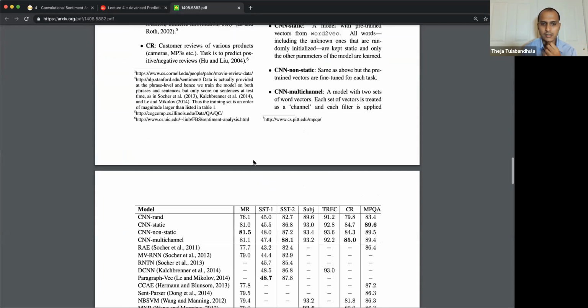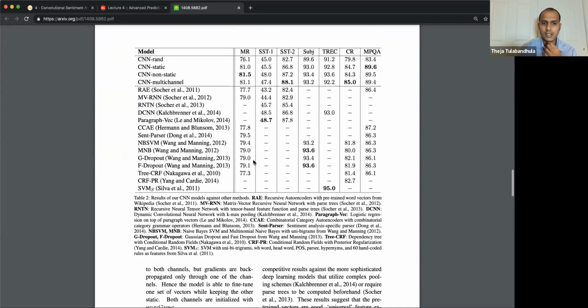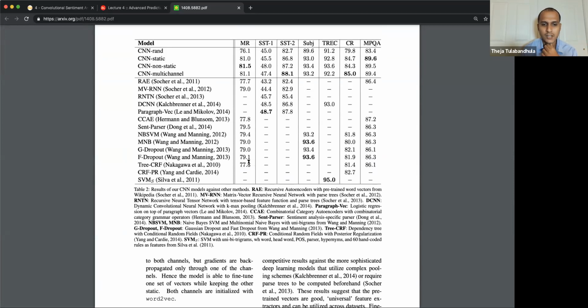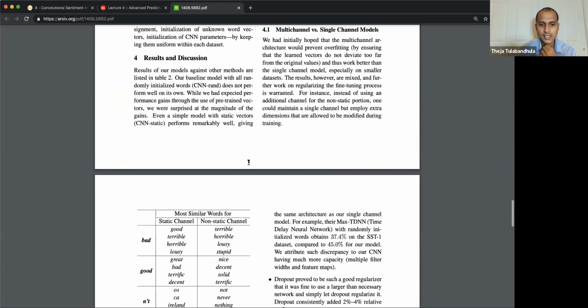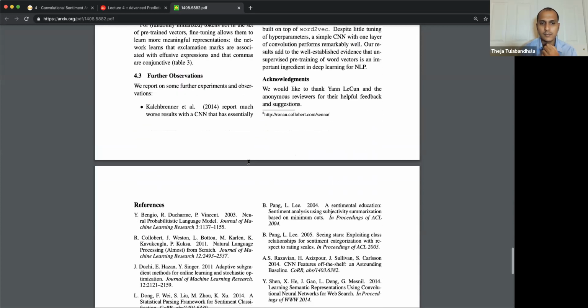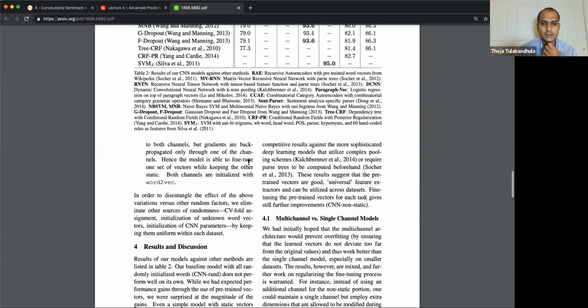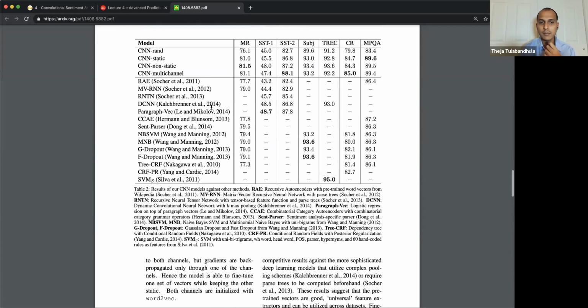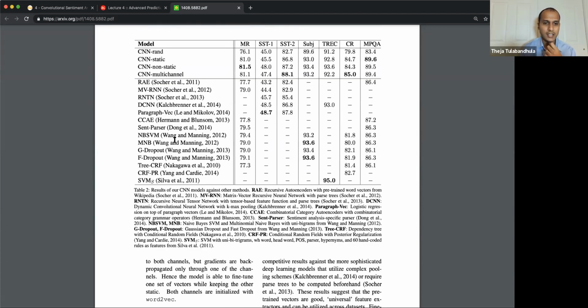Actually, let me just show the performance. This has a lot more details. Maybe it's the other paper which shows how CNN-based techniques compare with other techniques.